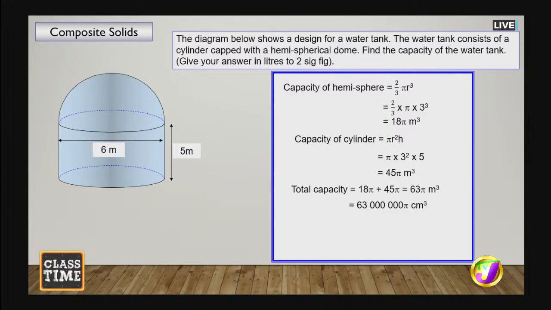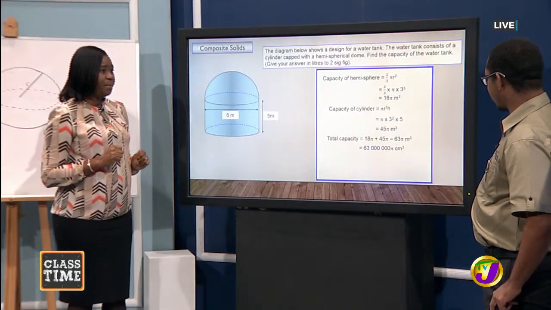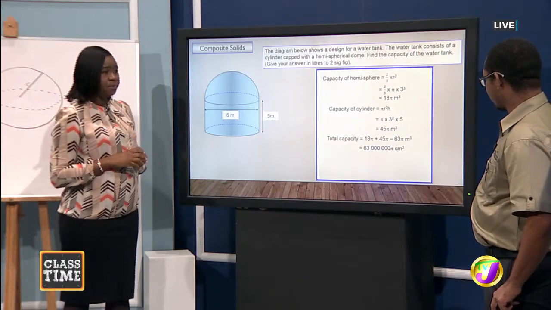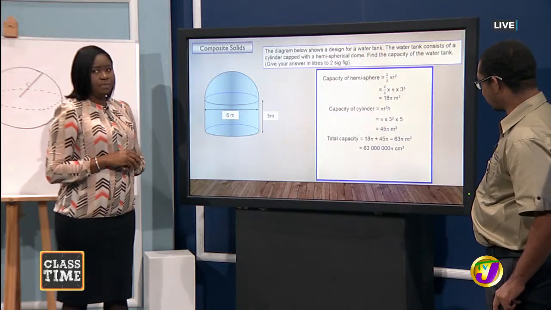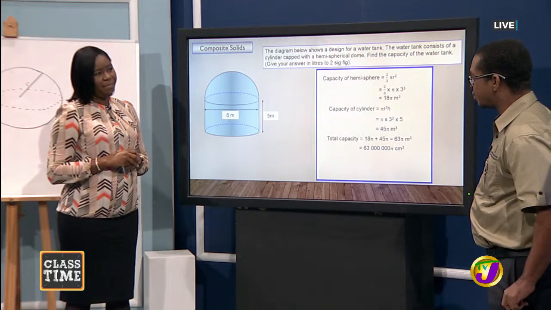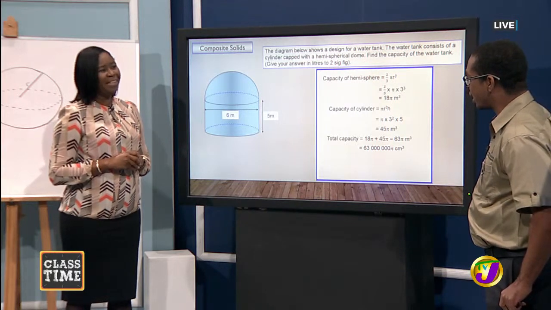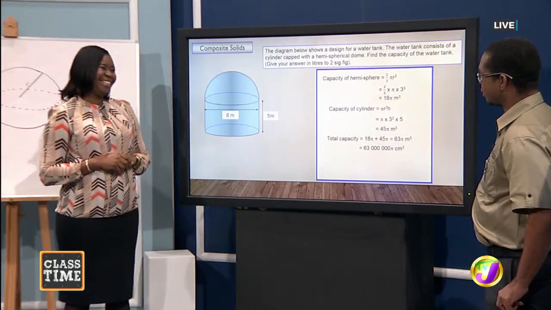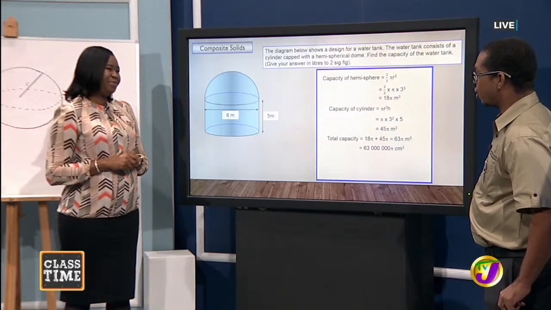So it's now in cubic centimeters, and we are to give it in liters, so we're not there yet. We can also recall, based on our knowledge of liters from primary school, that 1,000 cubic centimeters gives us 1 liter.